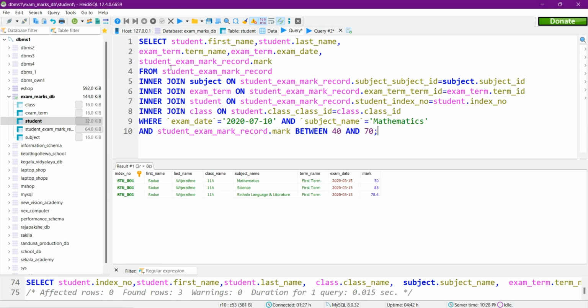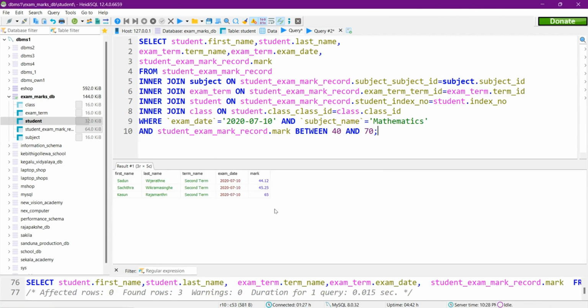So you can see here we have typed our query for the third question. Let's execute and see the results. You can see here we got the results. This is the answer for the third question. When we look at the query, we have joined several tables as I said earlier. When you come to the condition set after the where clause, we have used a new keyword called between.